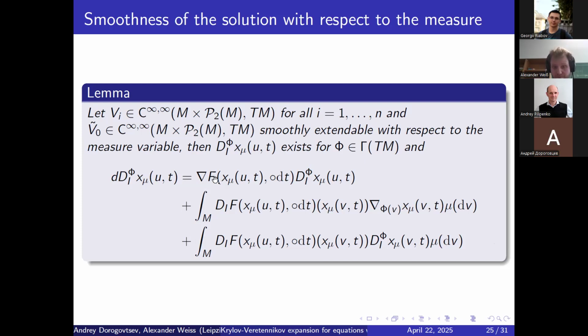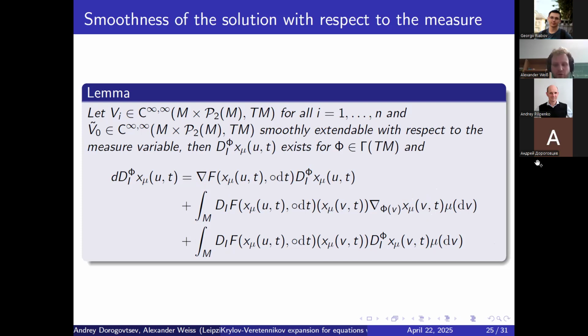So it depends on the gradient and on the intrinsic derivatives of our vector fields, and moreover also on the gradient of our stochastic flow, and as it should be, also on the intrinsic derivative itself.